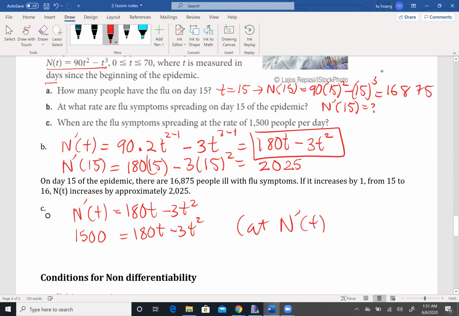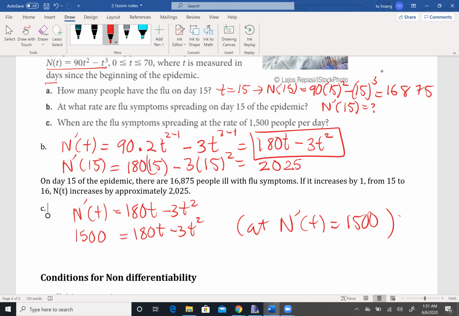Okay, that's from the given, right? So now I'm going to try to solve this equation to get the value of t, right?